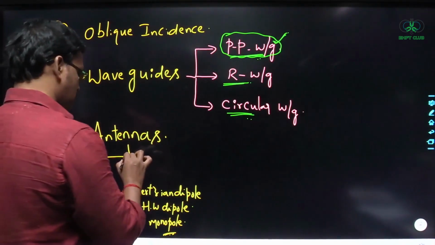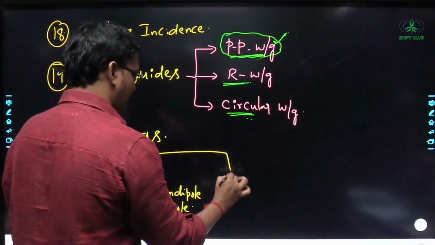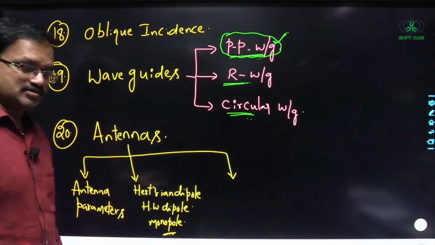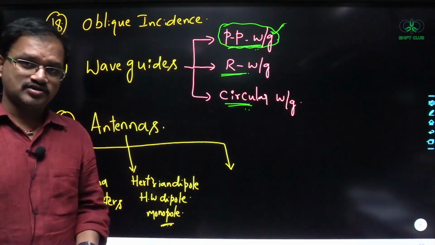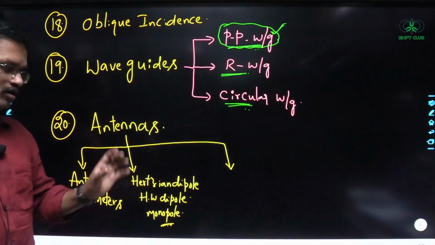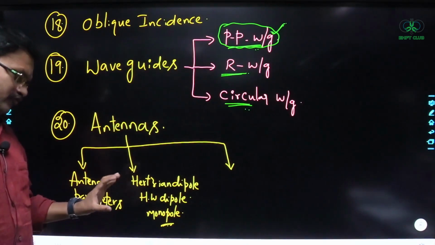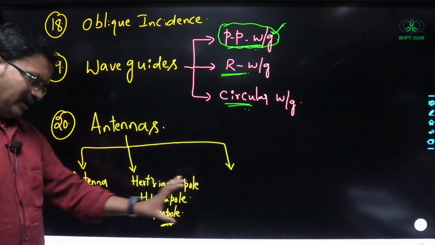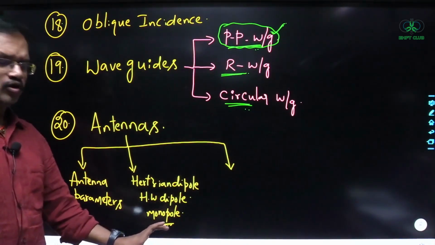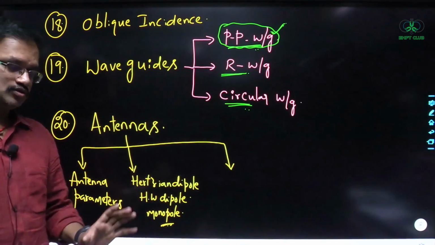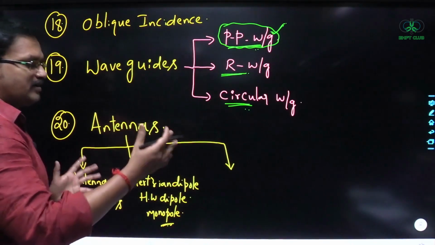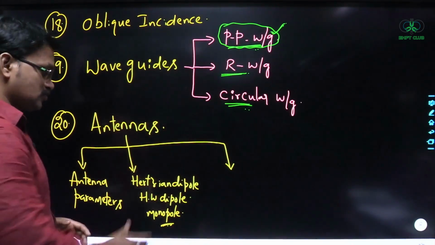Okay. We have n number of different types of antennas, but there is no need to study all of them. We have to concentrate only on a few antennas: the Hertzian dipole, half wave dipole, and monopole antenna. This is what is present in your syllabus. So there is no need to cover all different types of antennas. This is enough.